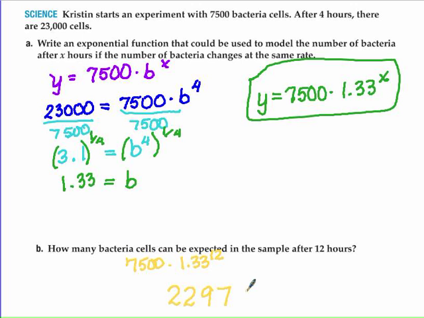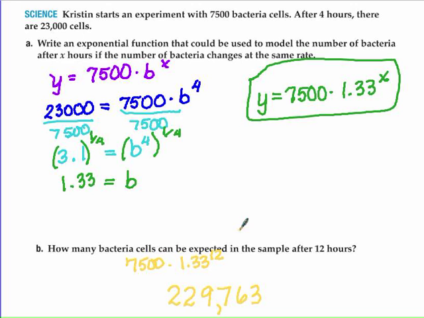What do we get? 222,482. I'm getting 229,763. How do you type that down?